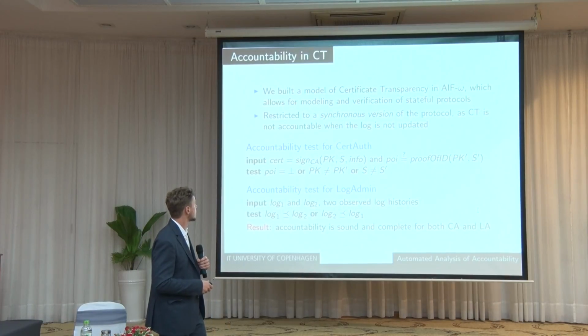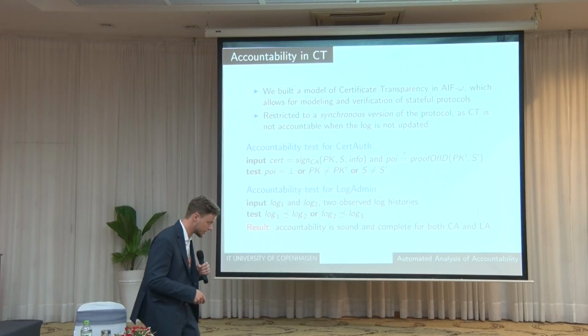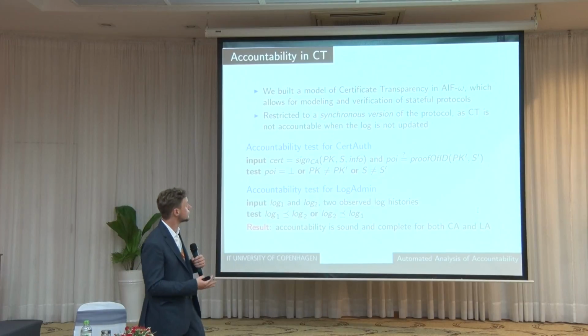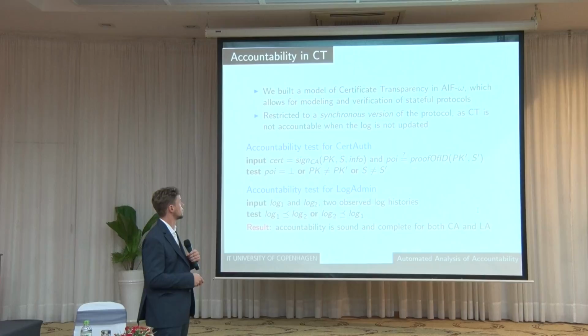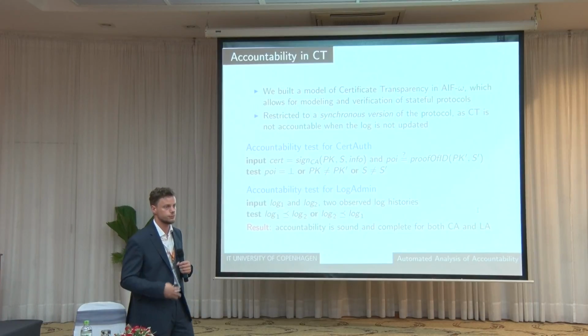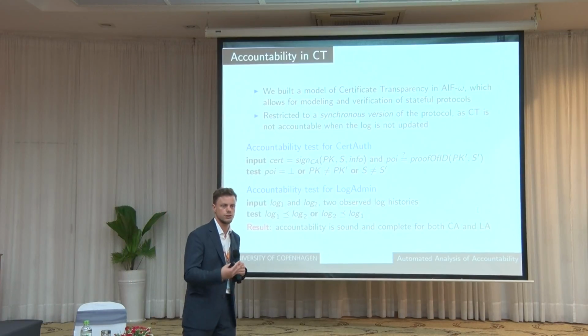So how do we cast accountability in certificate transparency? We built a model of this protocol in AIF Omega, which is a tool we have for modeling and verifying stateful protocols. So protocols that maintain state that goes across sessions.